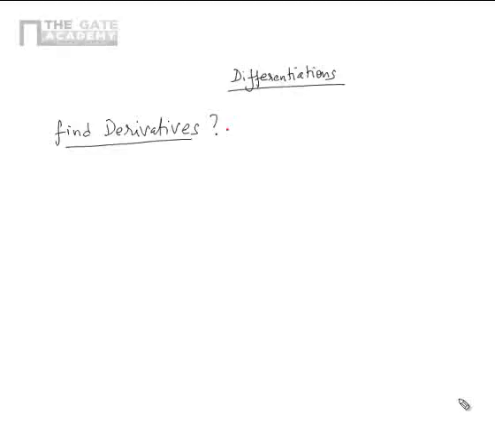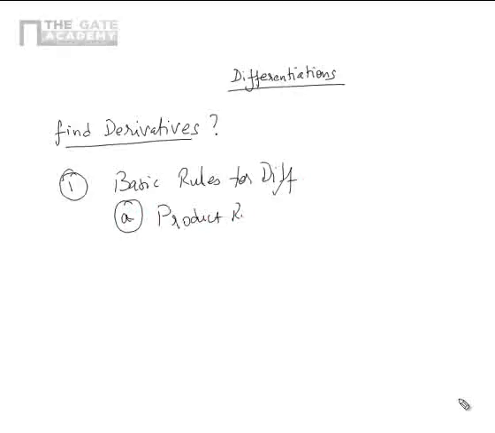First thing we are going to see is some basic rules of differentiation. First, in subheading A, it is the product rule. What do you mean by product rule?